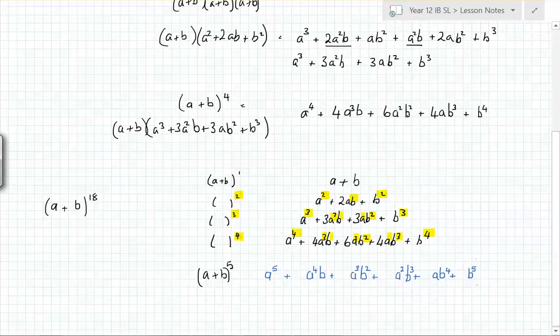B to the power of 5, a is to the power of what? So 0. And what's a to the power of 0? 1. That's why it works. The a goes 5, 4, 3, 2, 1, 0. And what does the b do? 0, 1, 2, 3, 4, 5.